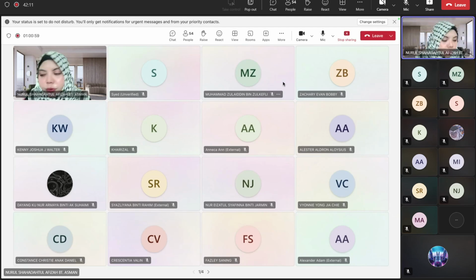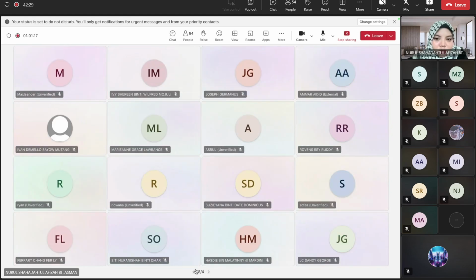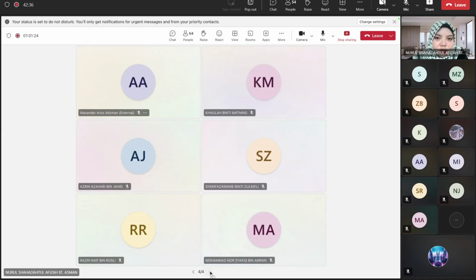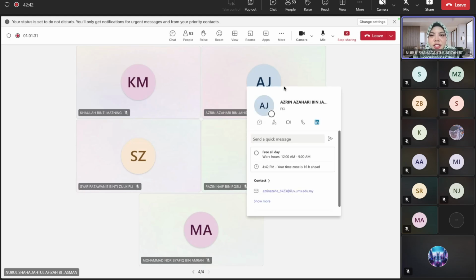Anyone get the answer for A? Gauge pressure. Panggil nama siapa-siapa, random. Azrin Azahari.